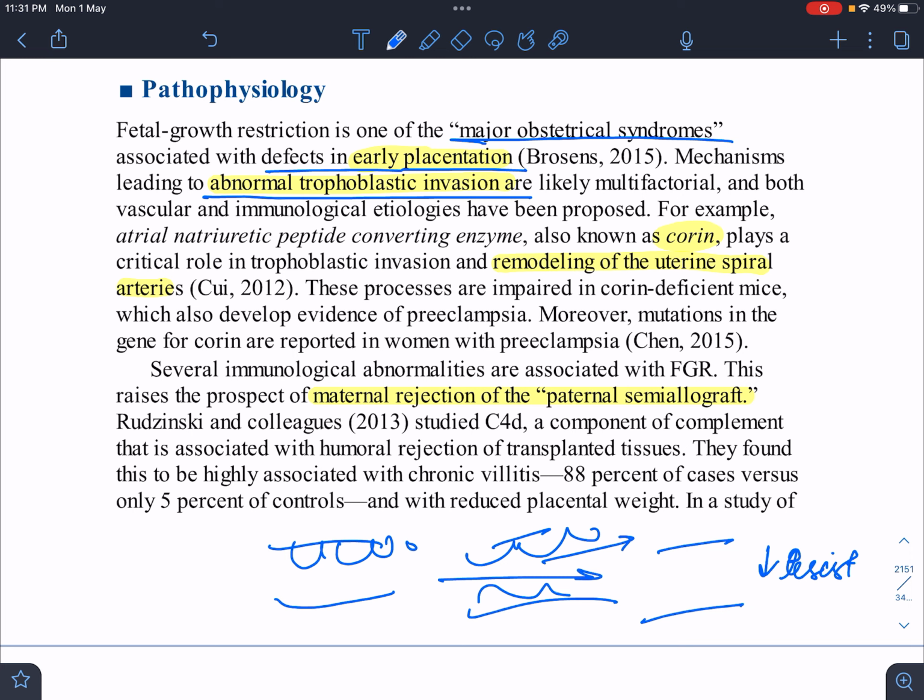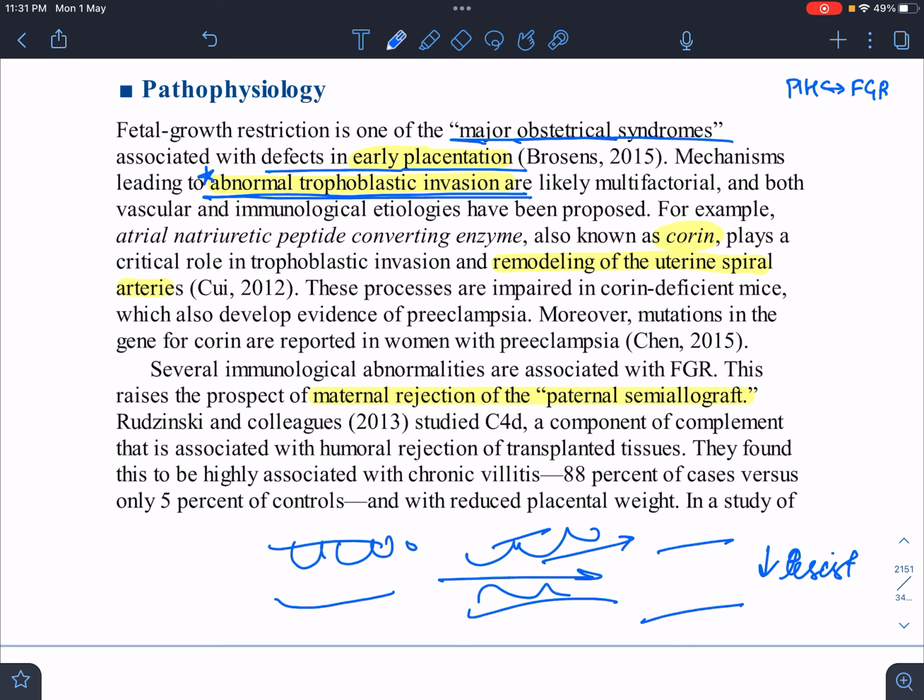This same similar mechanism is involved in preeclampsia also, pregnancy induced hypertension also. There also this part of the cycle of fetal development is defective, and that can lead to PIH. And here also you can see FGR, so you can understand why PIH and FGR might happen together, because there is a common point here.